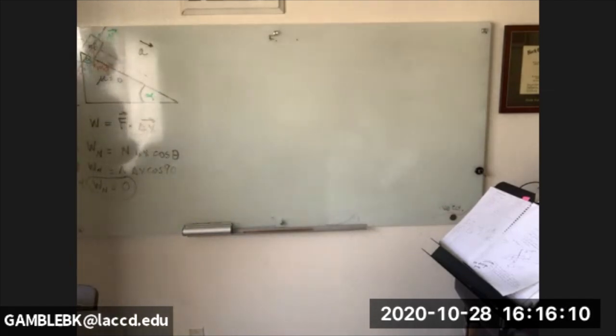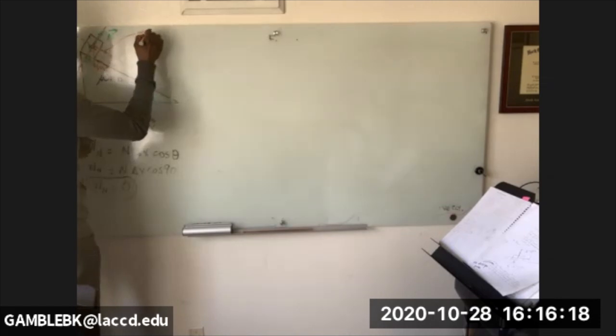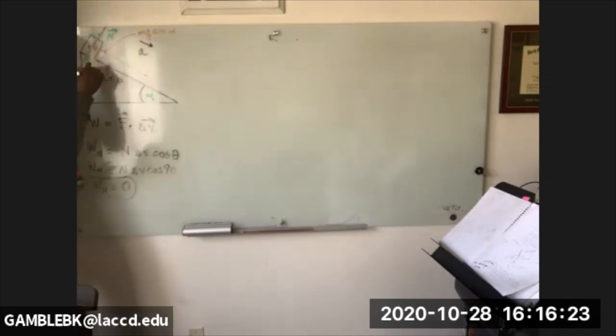So in terms of alpha, we have mg sine alpha here, and here we have mg cosine alpha. We did all this a few weeks ago, right? So mg cosine alpha is this one.